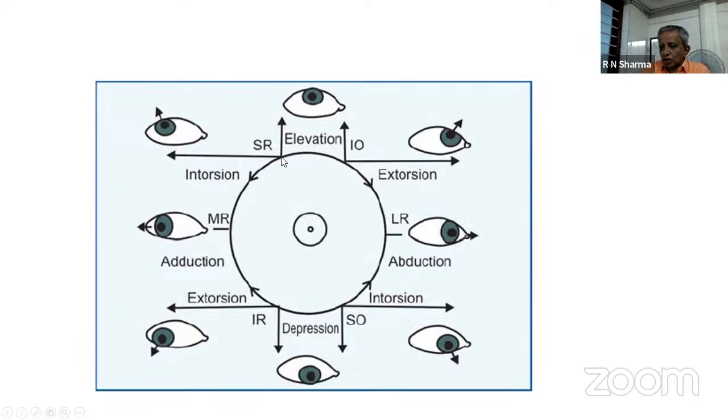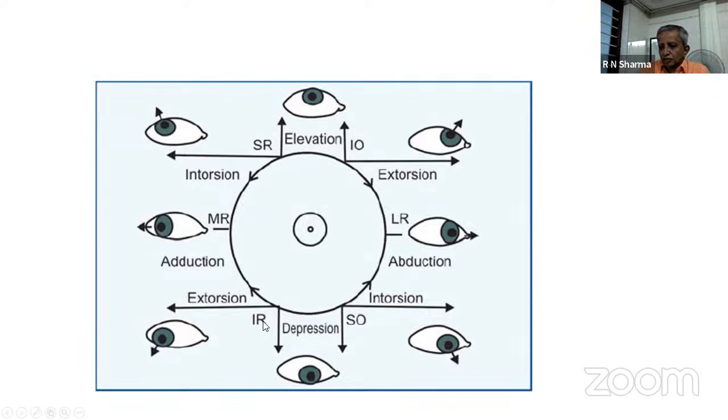So one arrow depicts elevation, another depicts adduction, and this arrow depicts intorsion. So you get 3 arrows from one point: one above, one adducting, and the other intorsion. That is the action of the superior rectus.